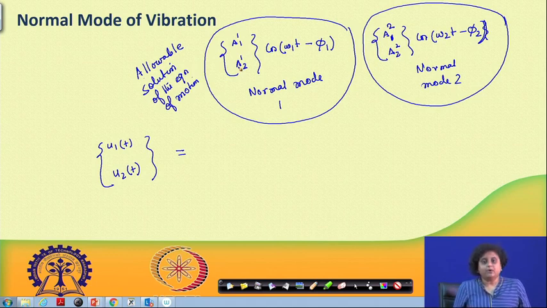Now, the most important part is that if I take any multi degree of freedom system and give it any possible initial condition, then the response of the system is always a linear combination of the normal modes of vibration.